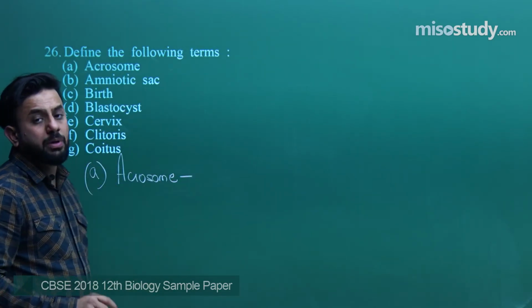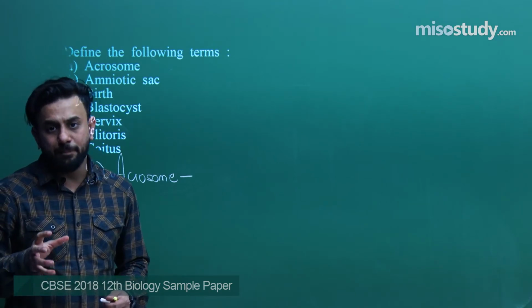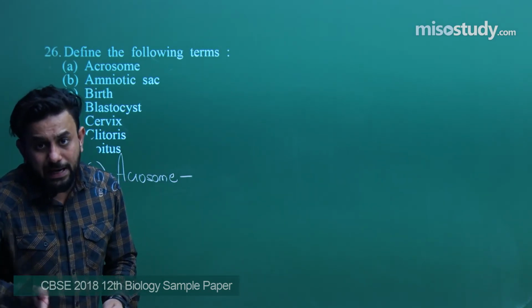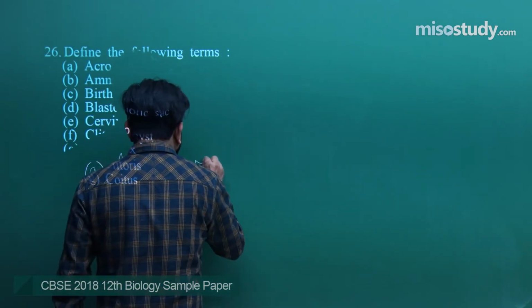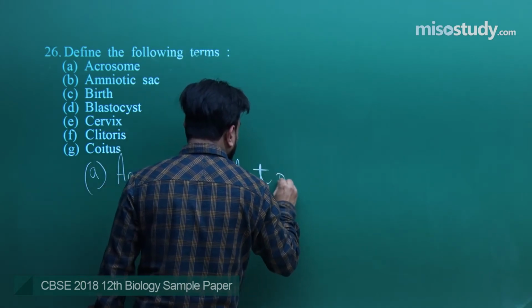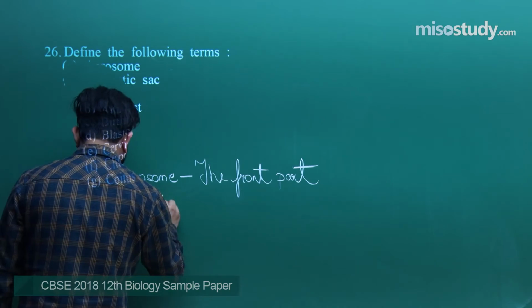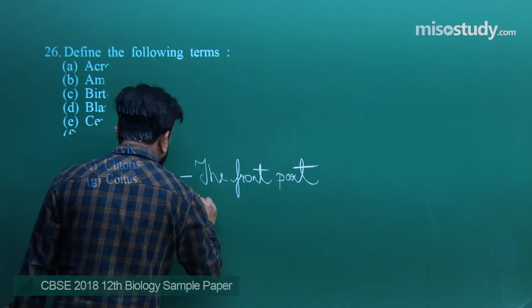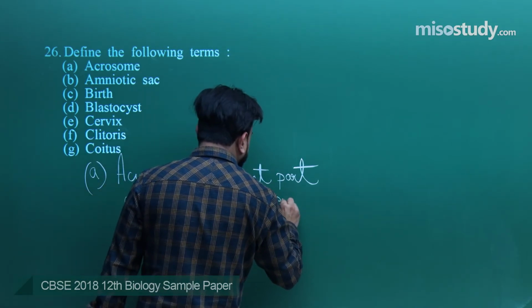The acrosome is that part of the sperm, the front part of the sperm, which contains an enzyme.